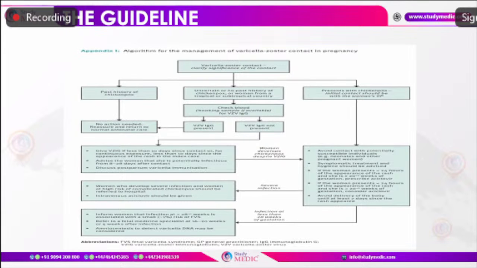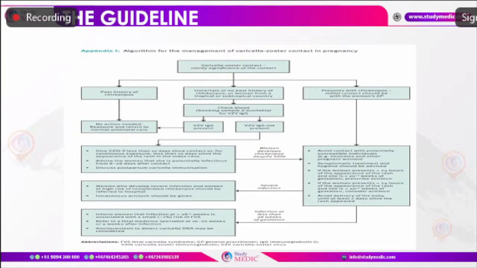The first thing, if the woman has got a contact and is not immune to varicella zoster, the first thing is to give her varicella immunoglobulin, which is less than 10 days since the contact. We have to advise the woman that she is potentially infectious from 8 to 28 days after contact, and we'll have to discuss about the postpartum varicella immunization.